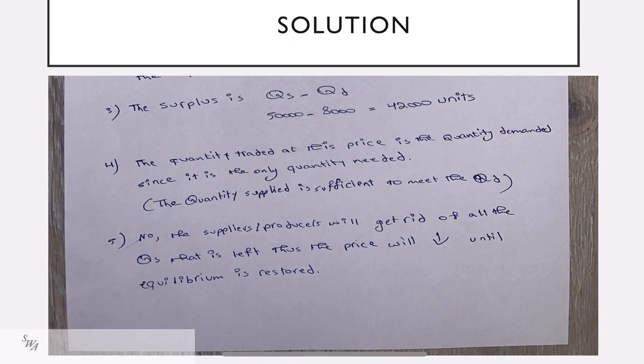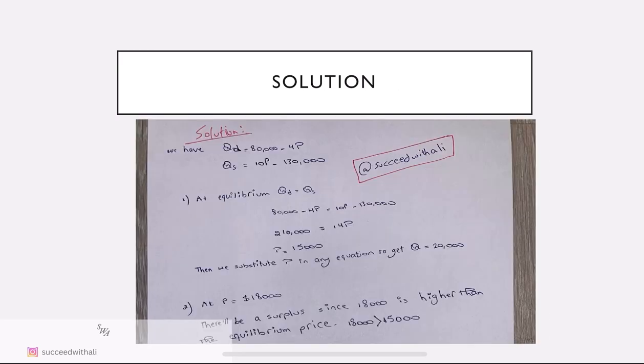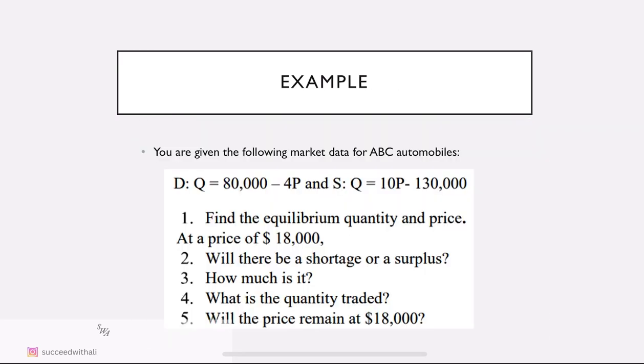If we put 18,000 in place of P in QS, we get 50,000. And if we put 18,000 in QD, we get 8,000. We're talking units. So 50,000 minus 8,000 is 42,000 units. That's the surplus.